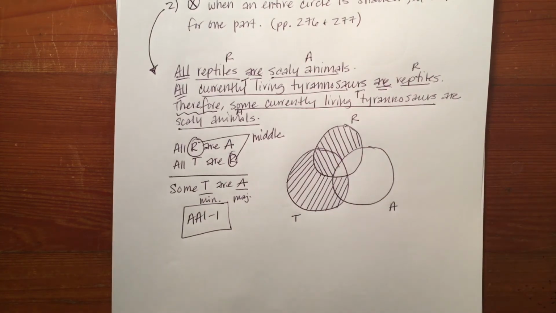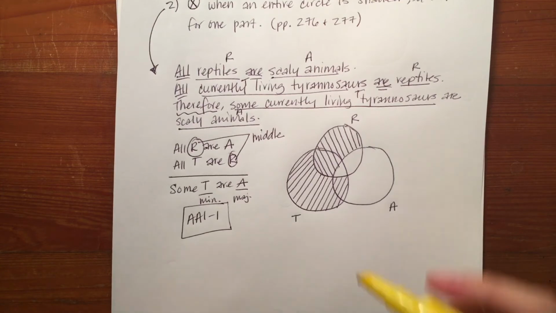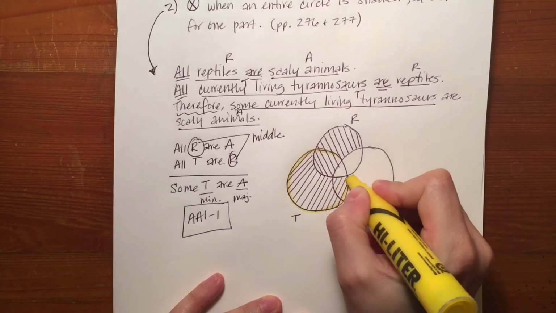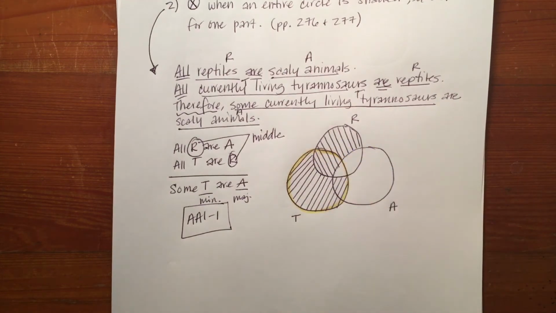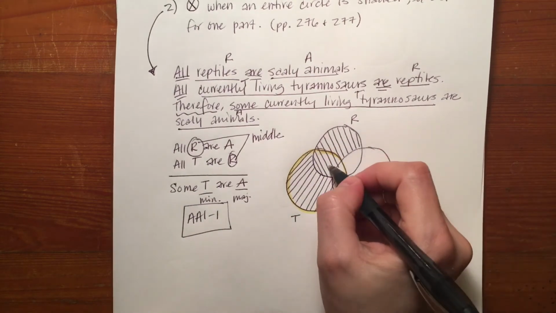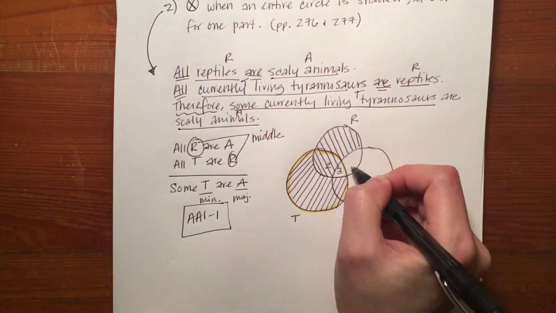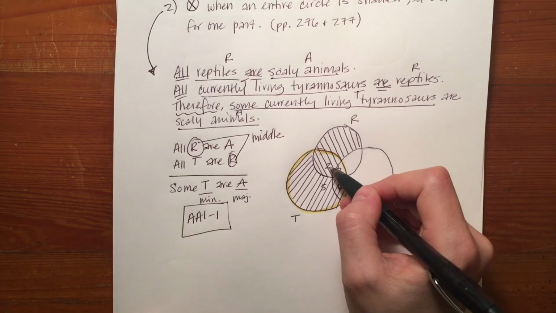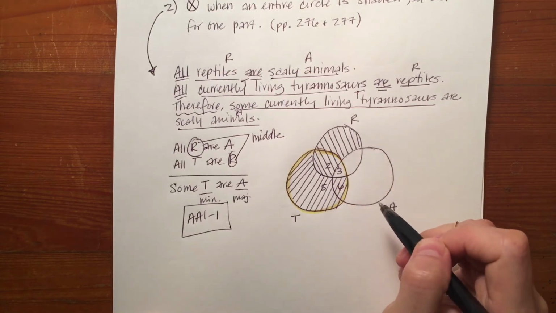If I just look at the T circle, then it's divided into parts 2, 3, 5, and 6. All of those are shaded except for part 3.